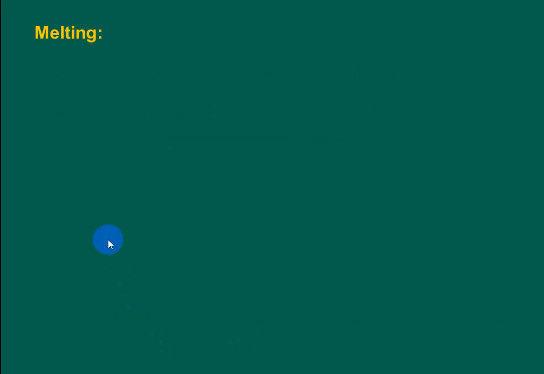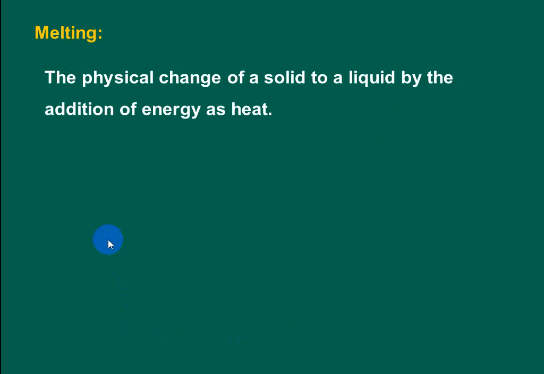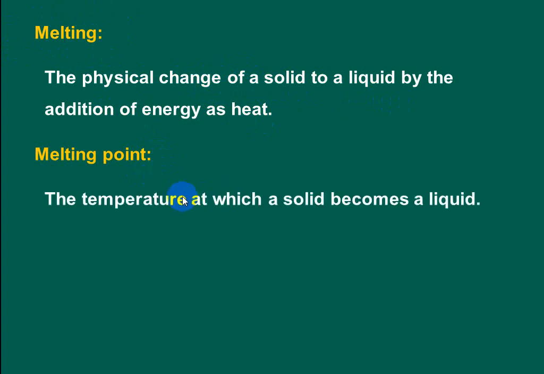The melting of solids. What's melting in general? Melting means the physical change of a solid into a liquid by addition of energy as heat. To change from solid into a liquid is called melting. And the melting point is the temperature at which a solid becomes a liquid.